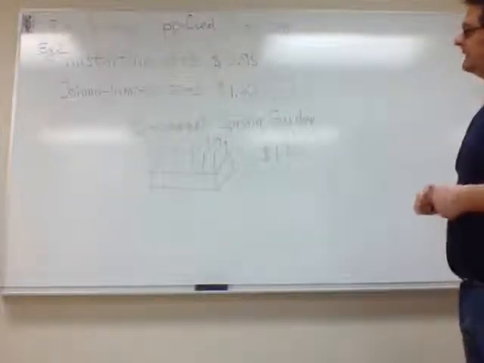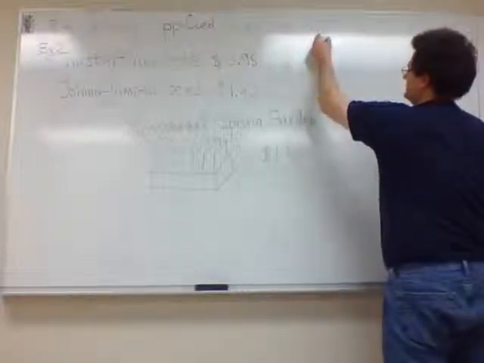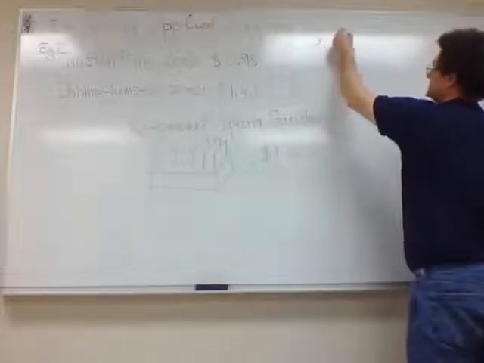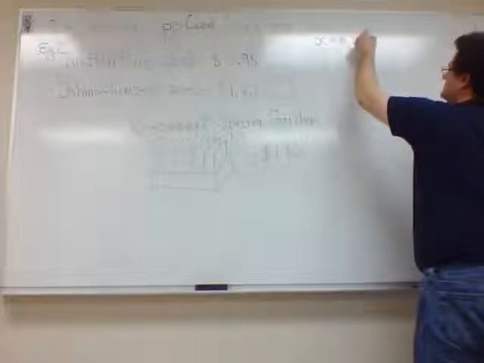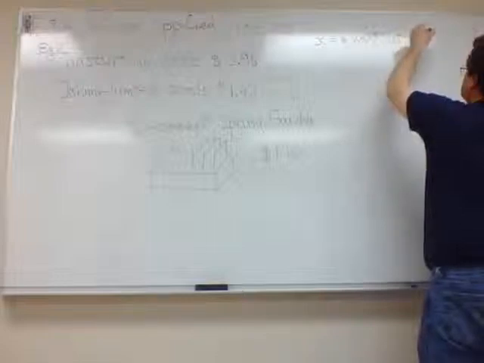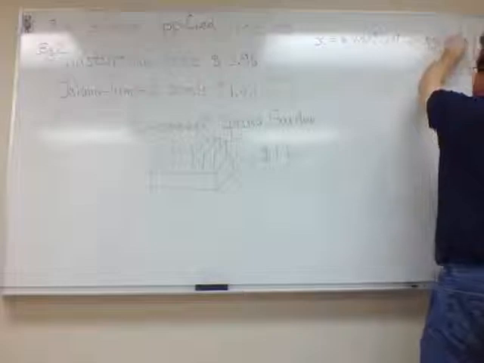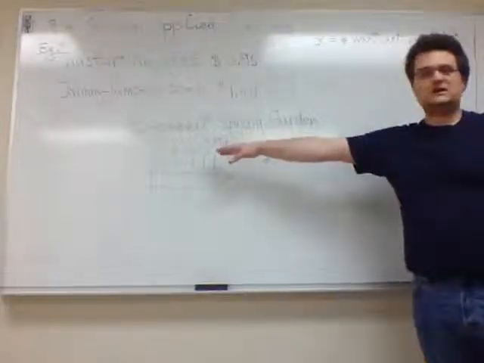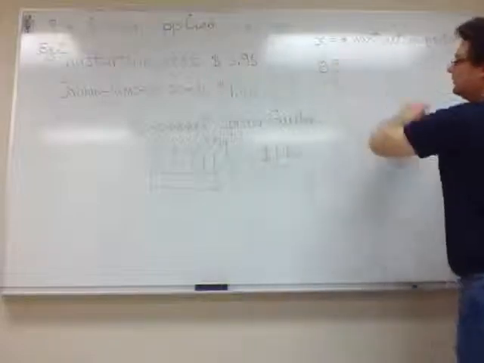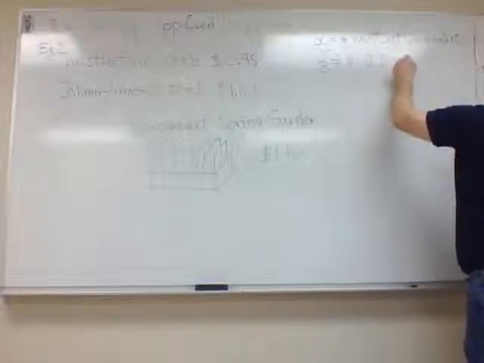Okay, so let X be the number of nasturtium packets in this spring garden mixture, and let Y be the number of Johnny Jump Up, JJU, packets.